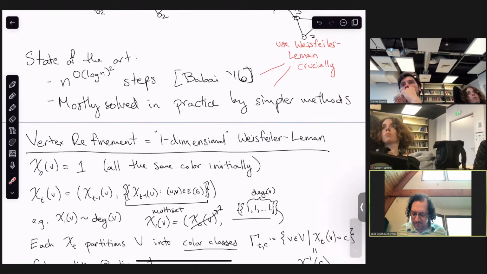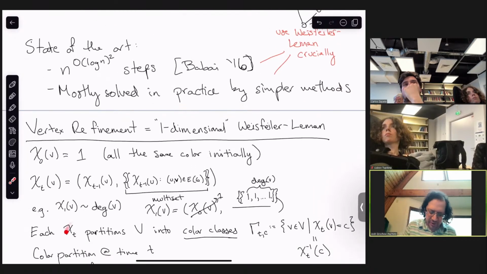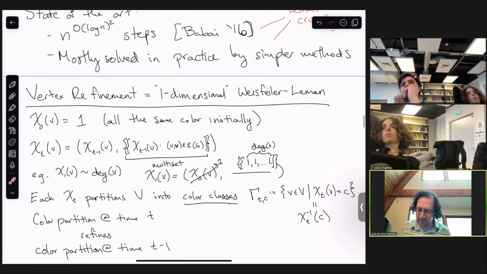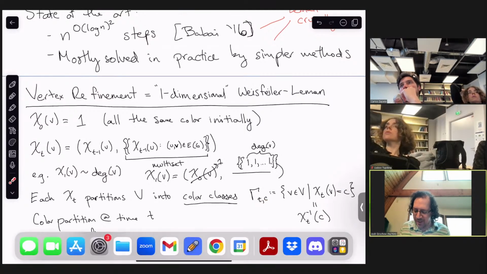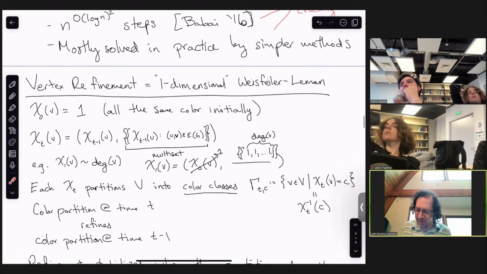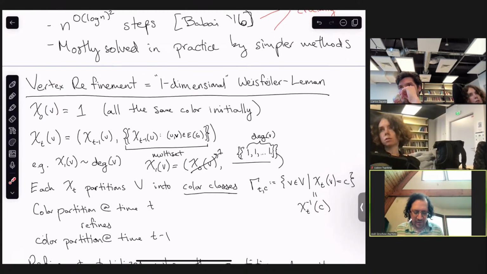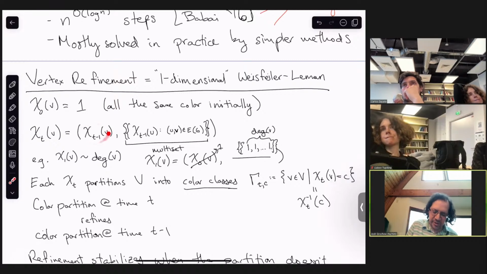At each stage, this coloring partitions the vertex set into what I'll call color classes, and I'll denote those gamma sub t(c), where t is the depth of the iteration we're at and c is the color class, which is just the set of vertices that have that color at that time. Because the color at the previous time step is part of the color at the next time step, that guarantees that this partition is always getting refined as you go from time t-1 to time t.